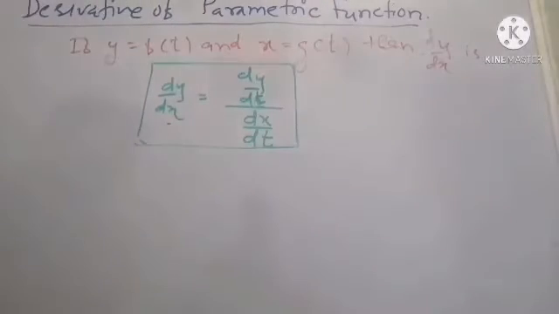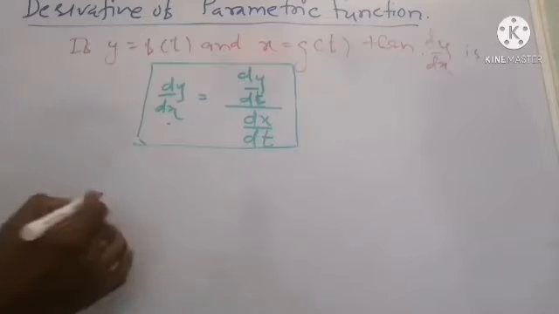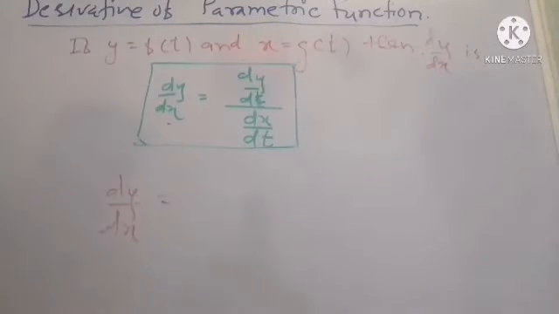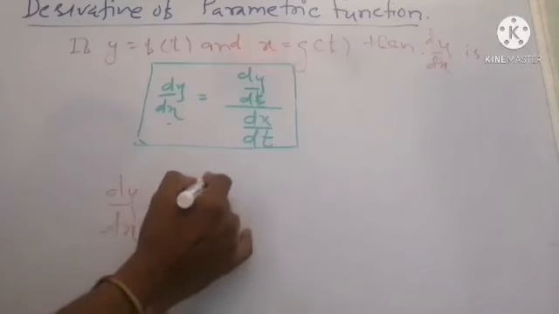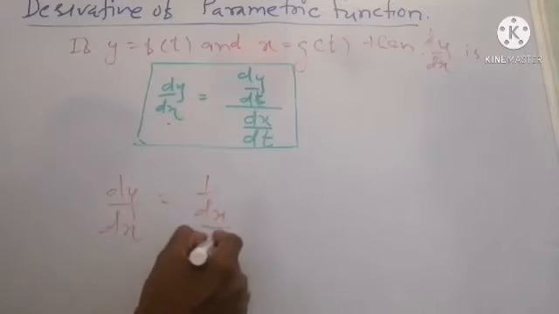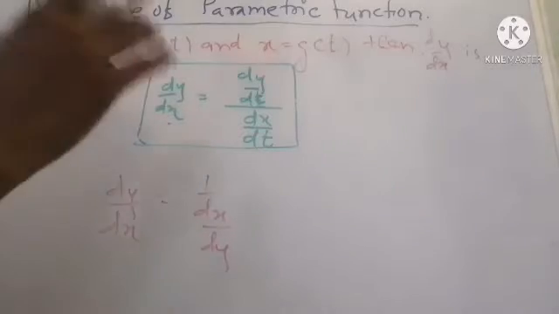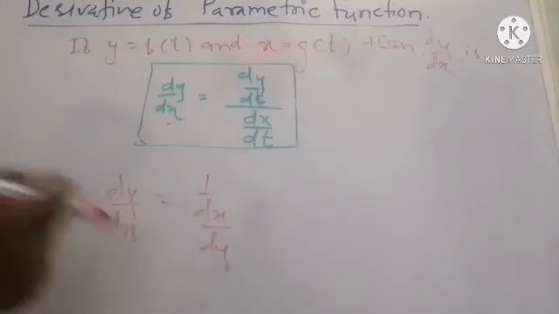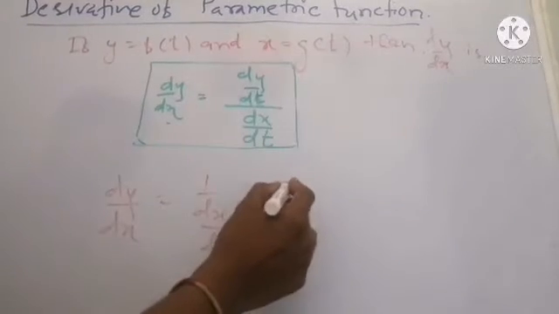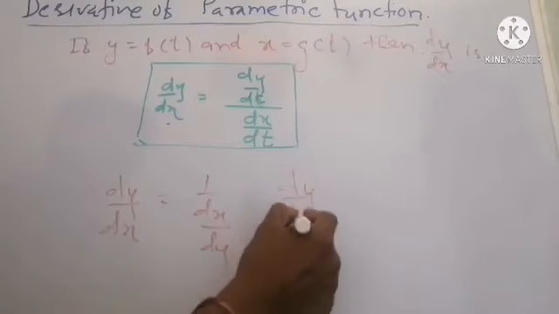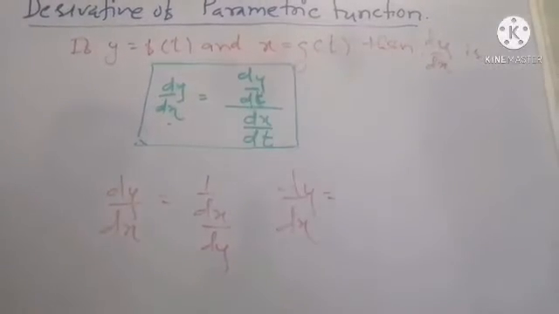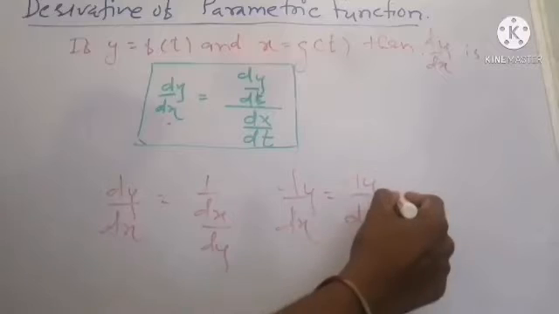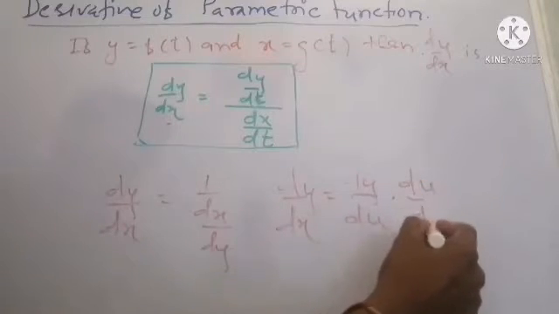Okay, see, for an inverse function we use a simple algebraic form to express dy by dx, as dy by dx is equal to 1 upon dx by dy, as the denominator can be put into the numerator, so this expression is equal to dy by dx. In the chain rule we use another algebraic simplification and express dy by dx as dy by du into du by dx.